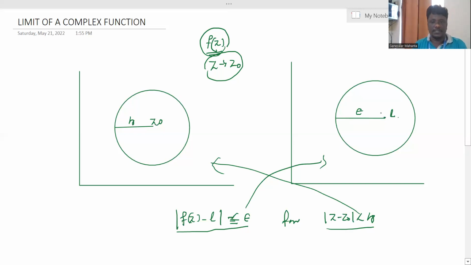There are two separate figures in the function: the modulus of f(z) minus L is less than epsilon, and the modulus of z minus z0 is less than delta, for every z not equal to z0 in this delta case of the z plane. This is the z plane.